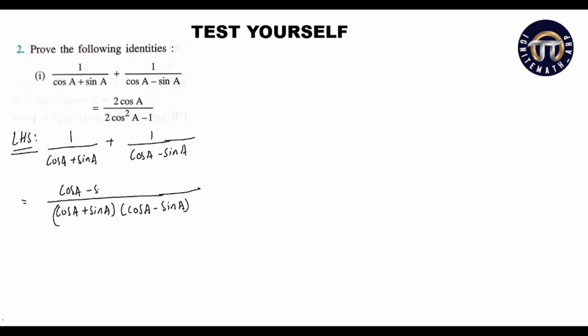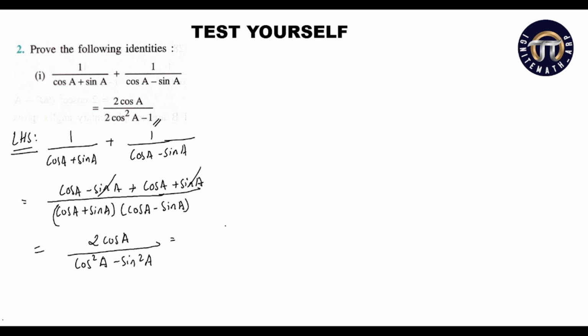So cos A minus sin A plus cos A plus sin A. Here sin A will get cancelled. I'll be left with 2 cos A divided by, the denominator looks like a plus b, a minus b, so I can write this one as cos square A minus sin square A. Clear?